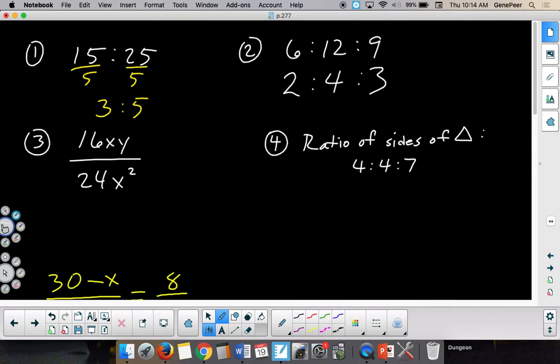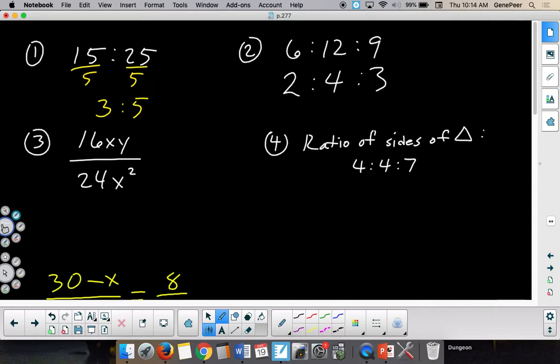I'm done. Notice that it may be tempting to reduce the 2 and the 4, but you can't reduce the 2 and the 4 because you can't do the same thing with the 3. So forget it. It's all or nothing. As soon as you get down to 2 to 4 to 3, you're done. There will be a problem very much like that on the test.